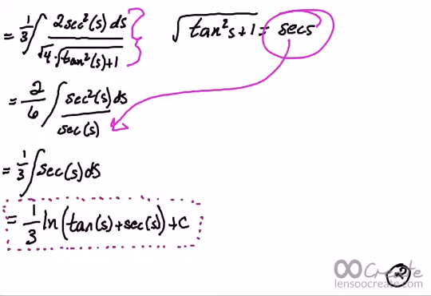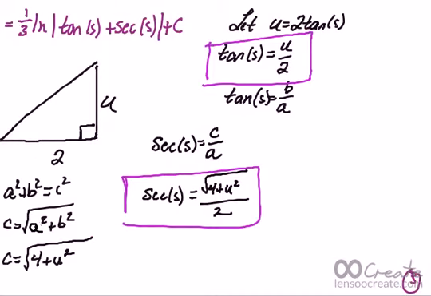Well, that's great. And that's fine and dandy, but our original problem, as you remember here, was in terms of x. So I actually need to go ahead and use our trig here to figure out what secant of s is equal to in terms of u, and then once I do that, I can go back in and substitute x cubed for all the u's that I have.